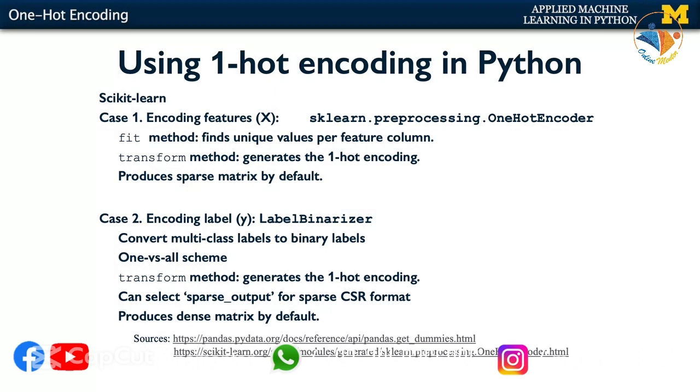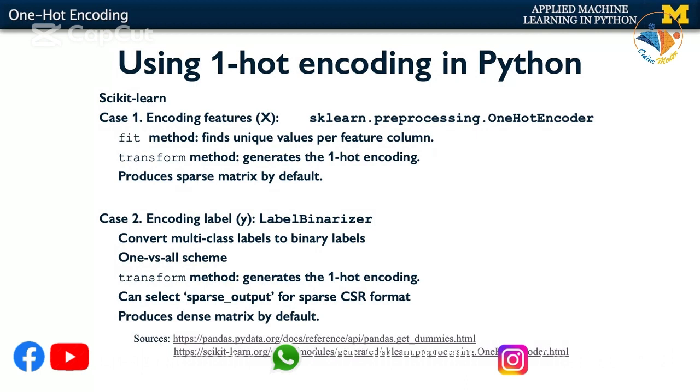And in scikit-learn, it's also very easy. Now, there are two cases in scikit-learn to think about. One of them is if your categorical variable is a feature, in other words, it's in the X matrix. In that case, you would use sklearn preprocessing one-hot encoder to create the one-hot encoding vectors for each row for that feature. You do that using the fit method, which will go through and find all the unique values in that feature column.